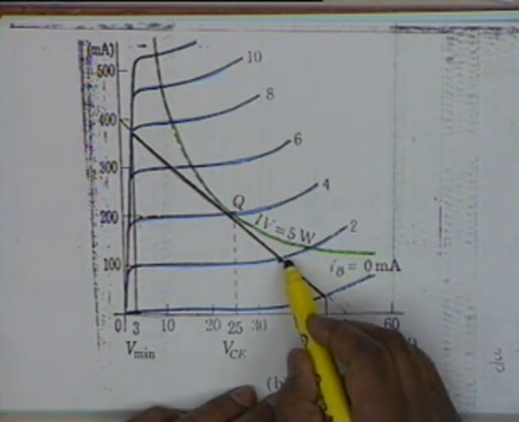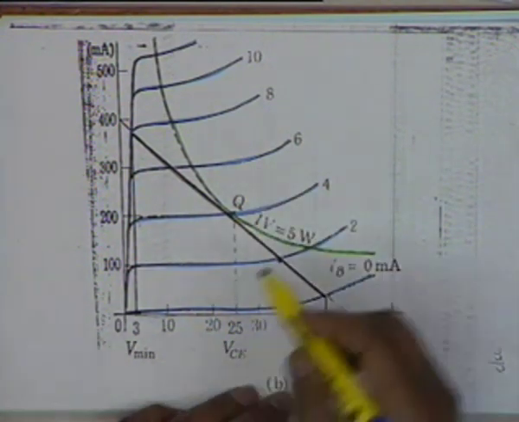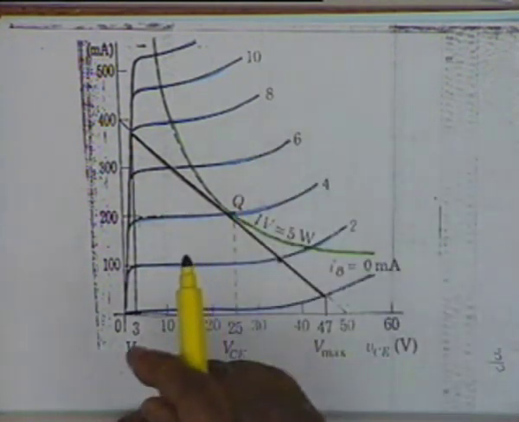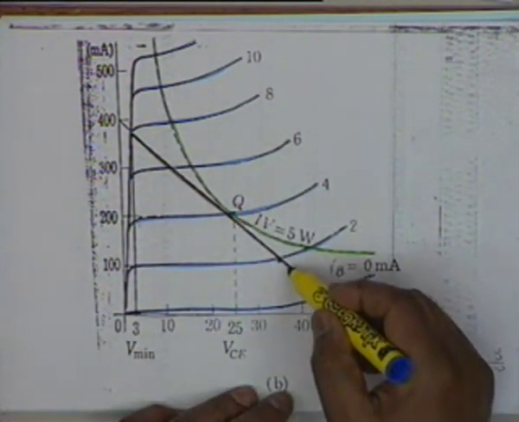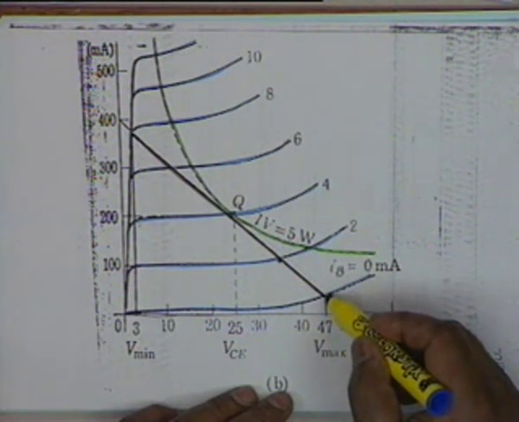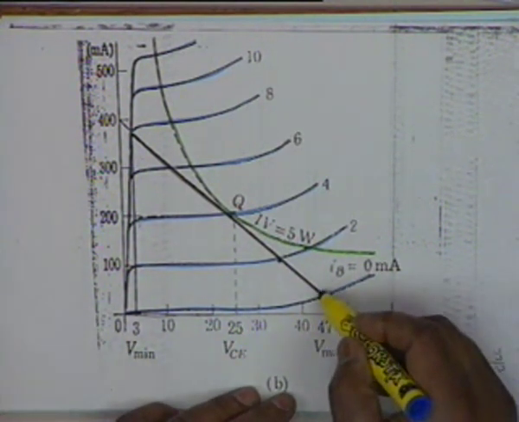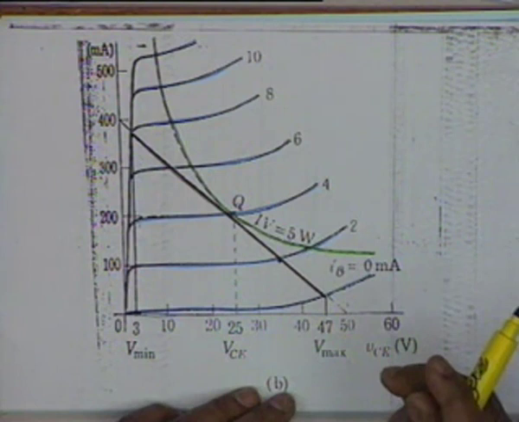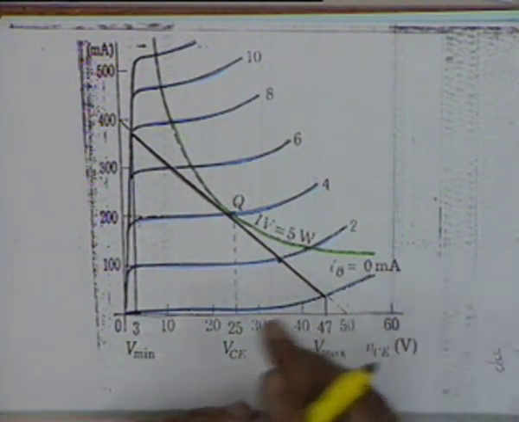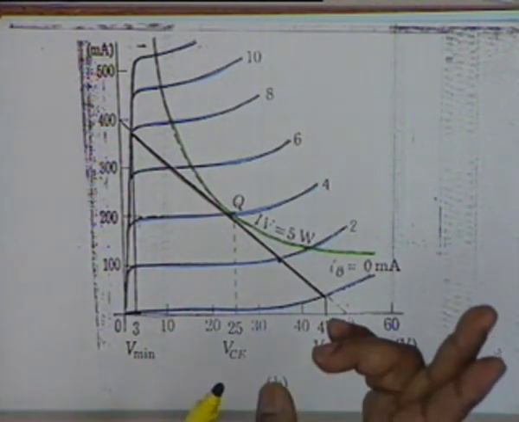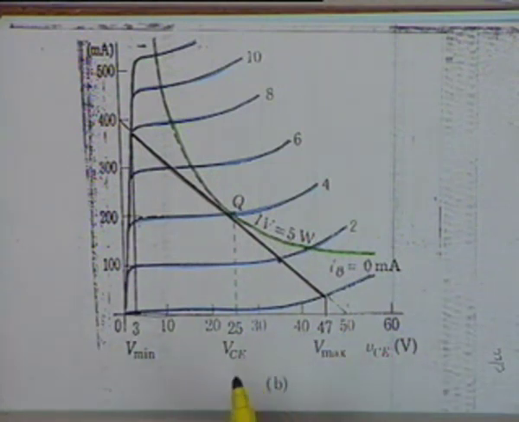Now if the peak value is more than 2 milliampere, let us say 4 milliampere, then obviously for the positive half cycle the current shall flow, but for the negative half cycle only up to 0 milliampere, only this much will flow. In other words, there shall be distortion. It is as if you take a pair of scissors and cut the negative half cycle, all right.